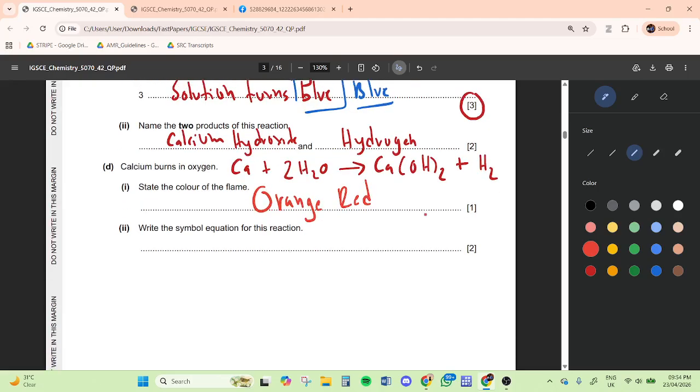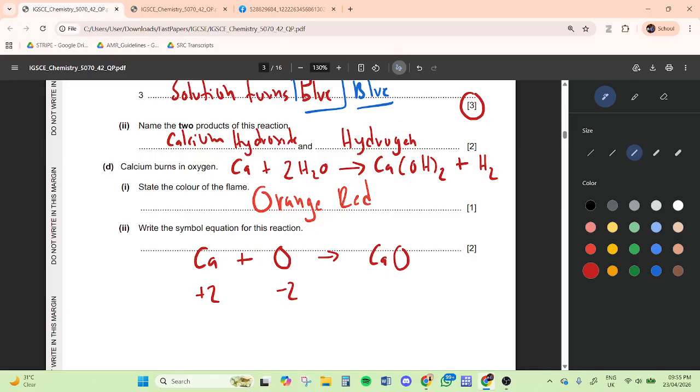All right, so calcium burns in oxygen, and we've already stated the color of the flame. Write the symbol equation for this reaction. So if we just write down the equation, it's calcium plus oxygen gives us calcium oxide, because this has a charge of +2, this has a charge of -2, so you only need 1 of each.